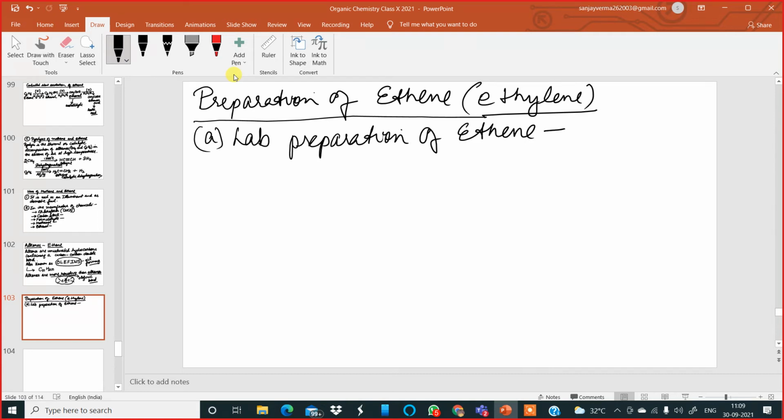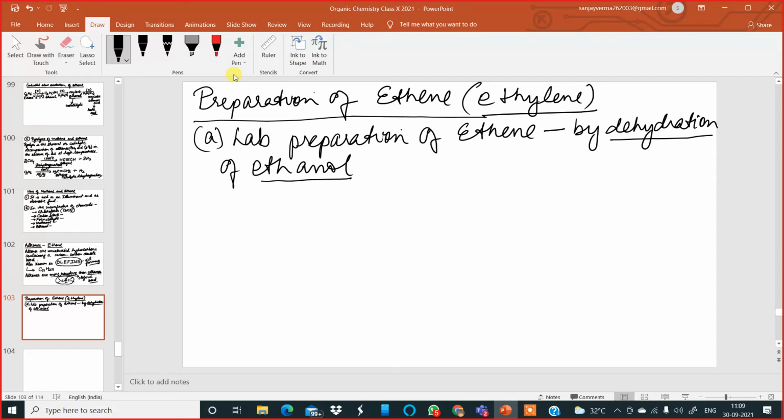It is done by dehydration of ethanol. Dehydration means removal of water as a molecule. So if you remove a water molecule from ethanol, then we will get ethene.